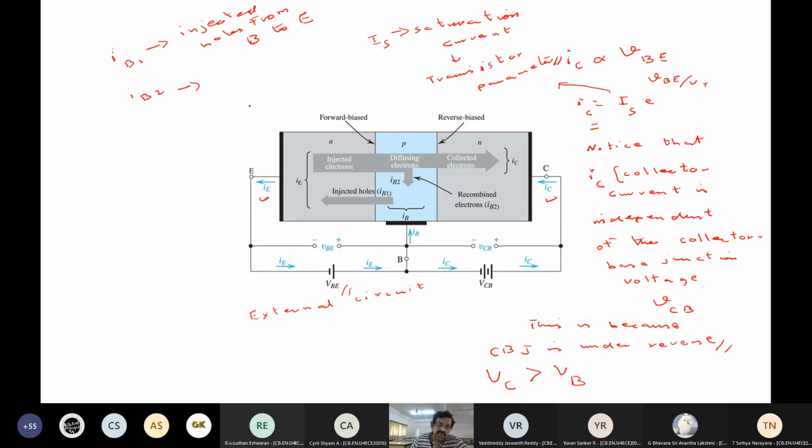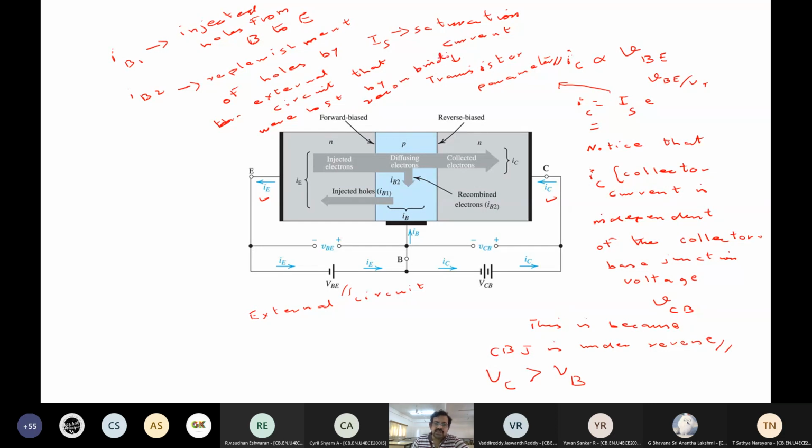IB2 is the current due to replenishment: the holes that are getting lost by recombination in the base region are supplied in equal amount by the external circuit.